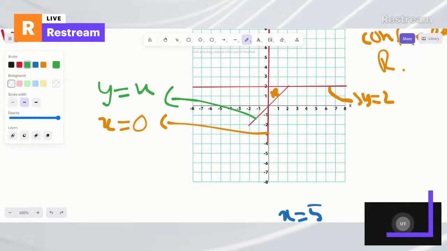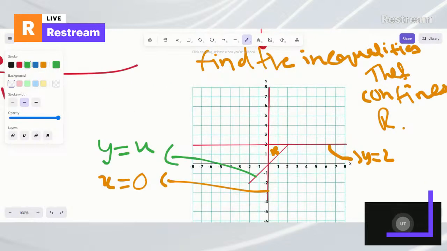Now what we need to do? We need to ask simpler questions of ourselves. Is this region greater than, or lower than, for a line in green?